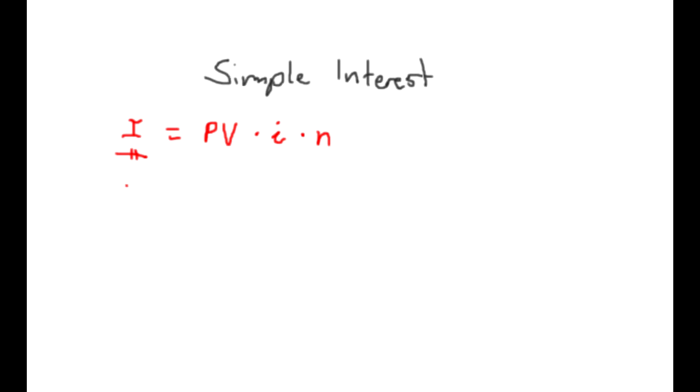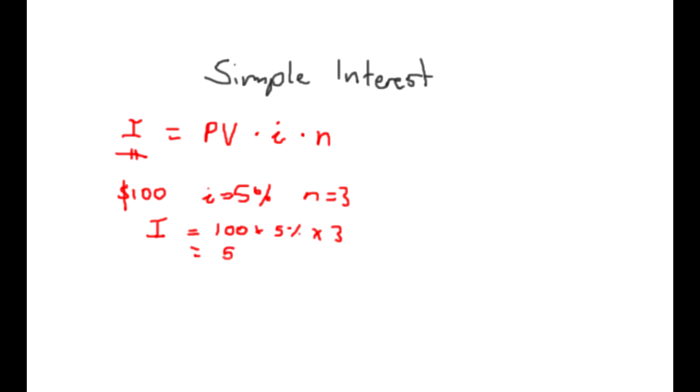So if we put some amount, let's say $100, into a bank account, and we were going to receive 5% interest per annum for 3 years, our interest earned is going to equal 100 times the 5% times 3, which is just equal to 5 times 3, which is equal to $15.